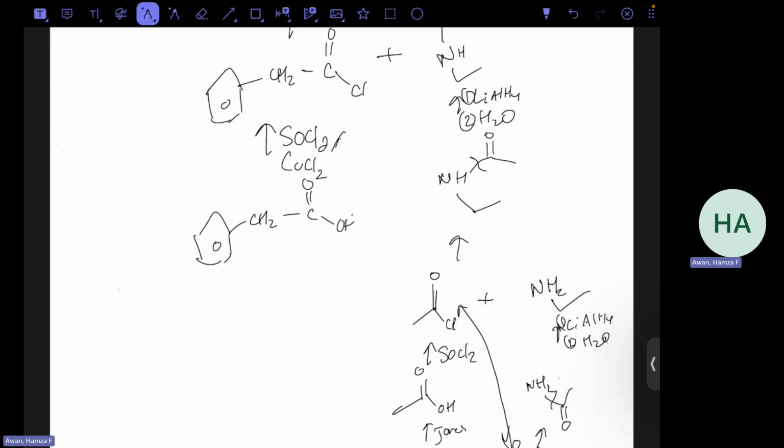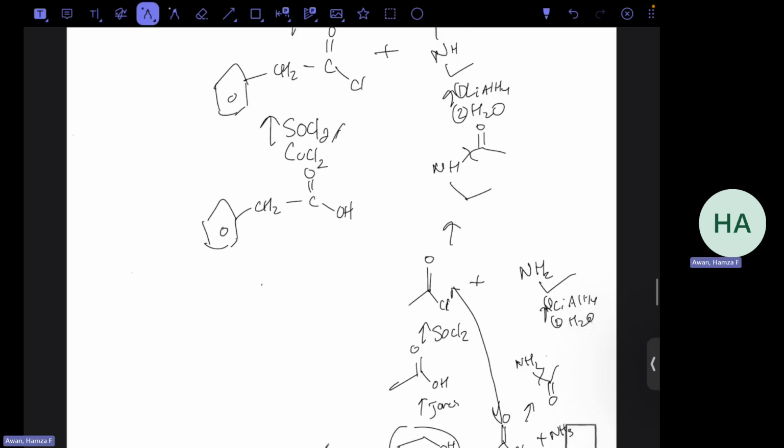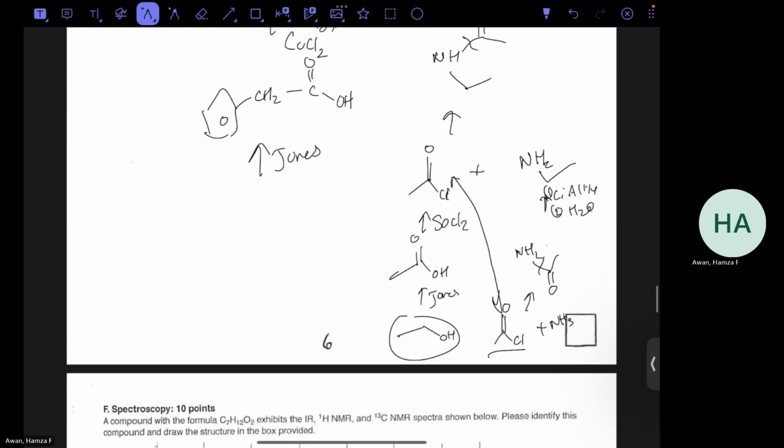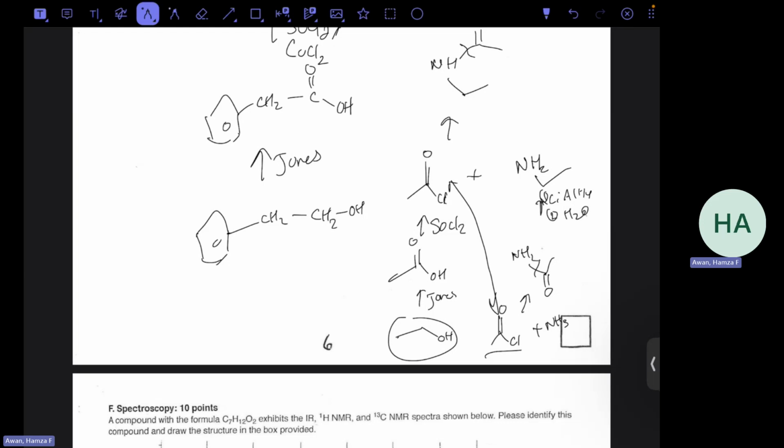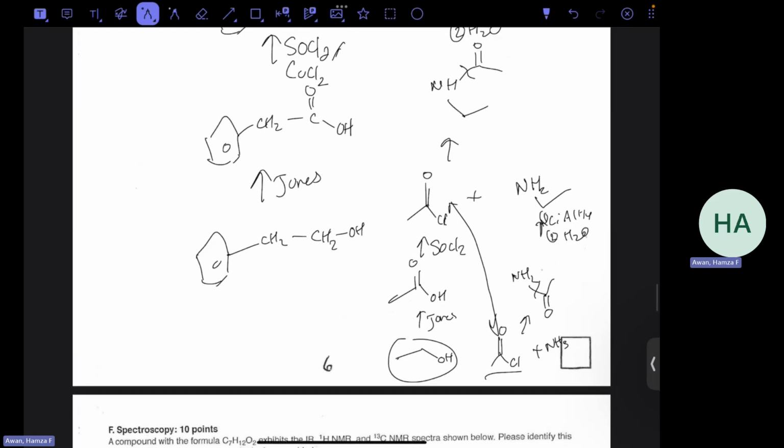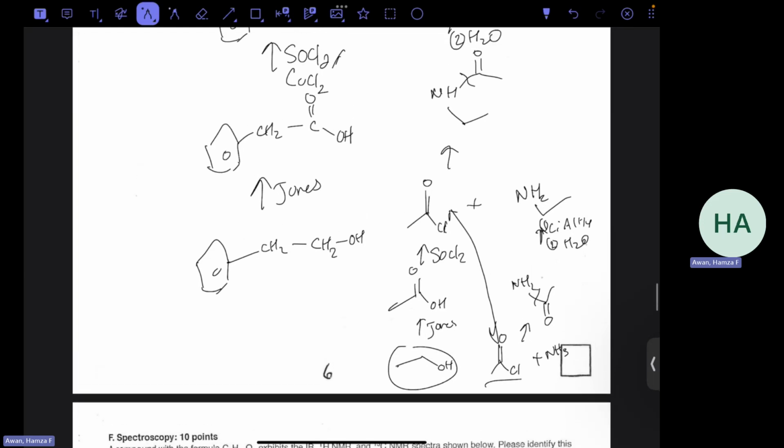You have our carboxylic acid, and now, same thing, we can use Jones one more time. CH2CH2OH, right? Now we have a primary alcohol, and what we could do is use Grignard twice.